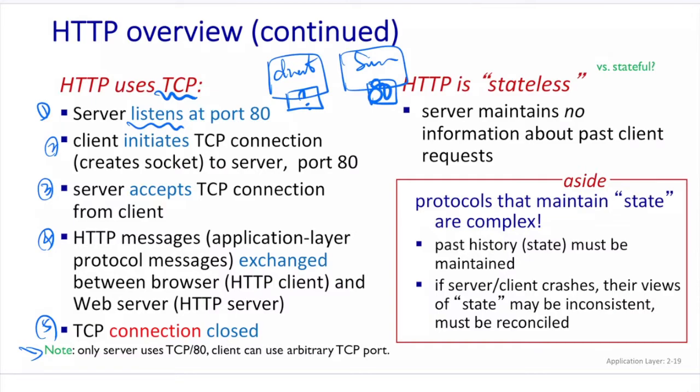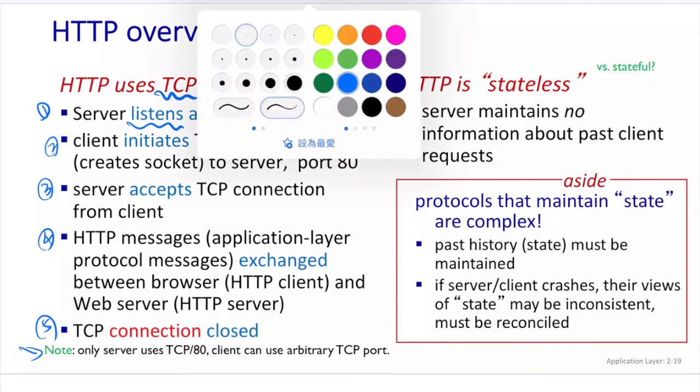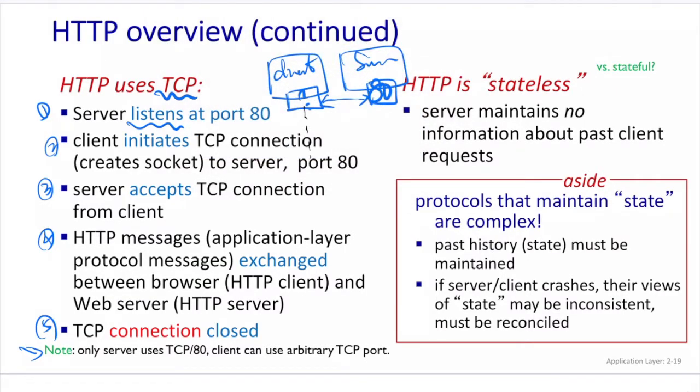Step number 2. When the server listens at port number 80, the client will initiate this TCP connection to create a socket. And of course, as we mentioned before, the actual communication should go down to layer 1 and then go back up to layer 4 and layer 7.